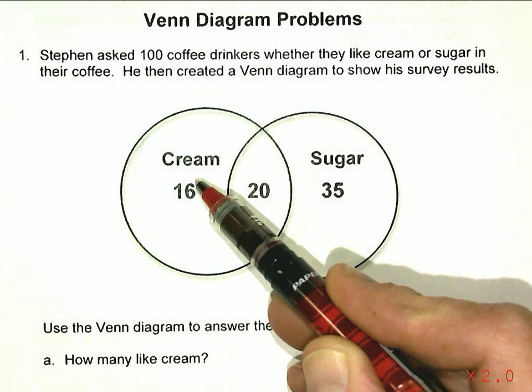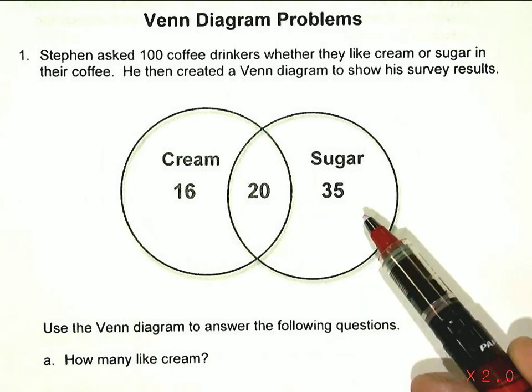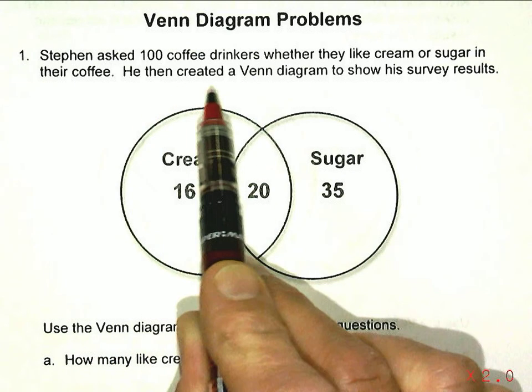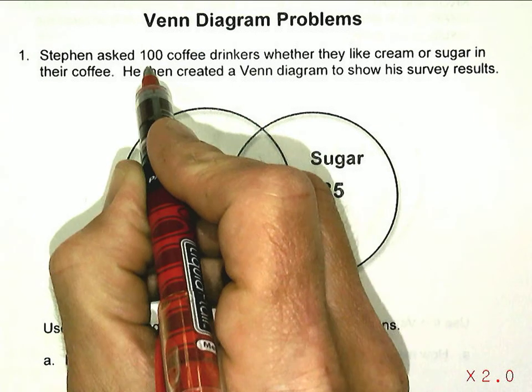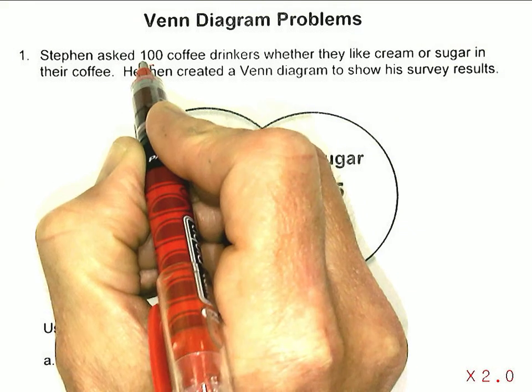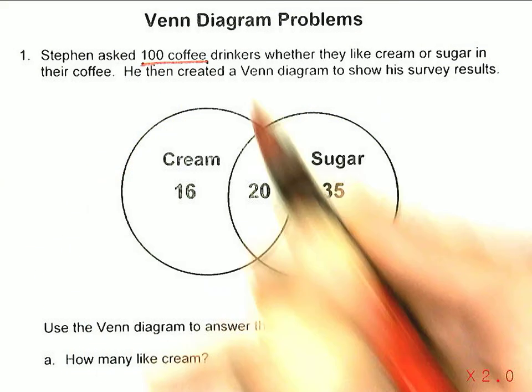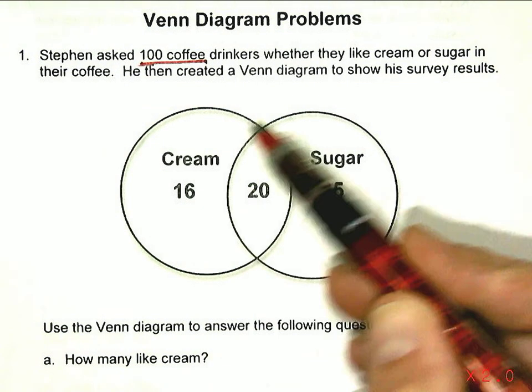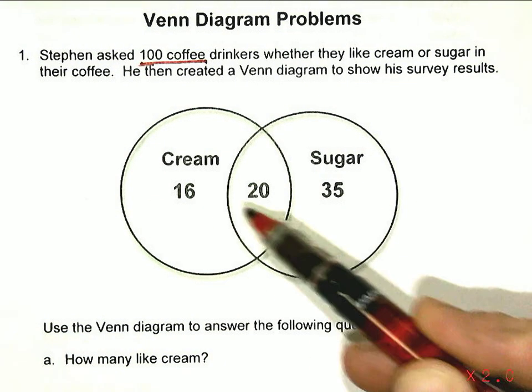And in the case of this first problem, we have Stephen who asked 100 coffee drinkers. So we have 100 people. Important information here that there's 100 people in this whole group. And in a minute you're going to see that not all 100 are listed in these parts of the circle.